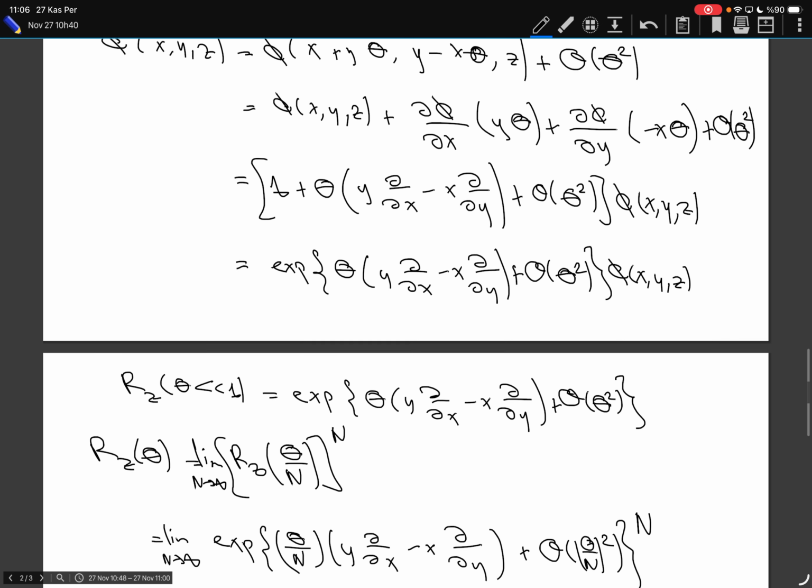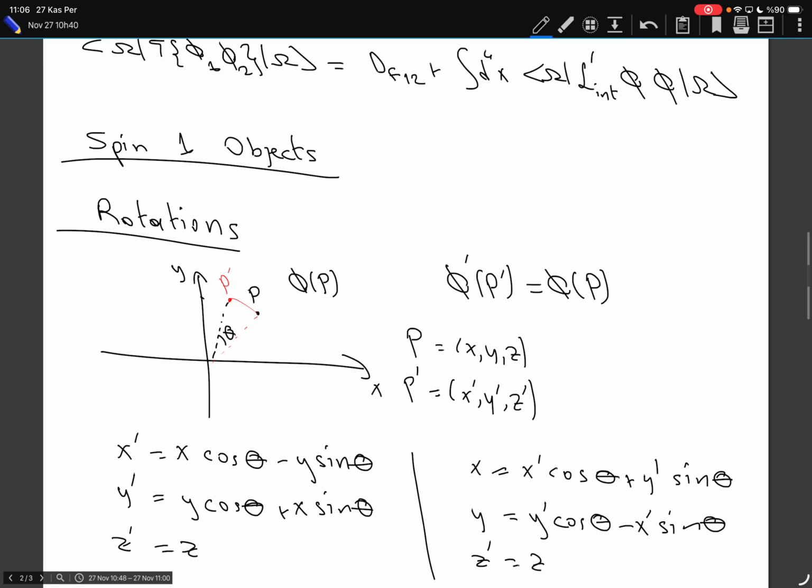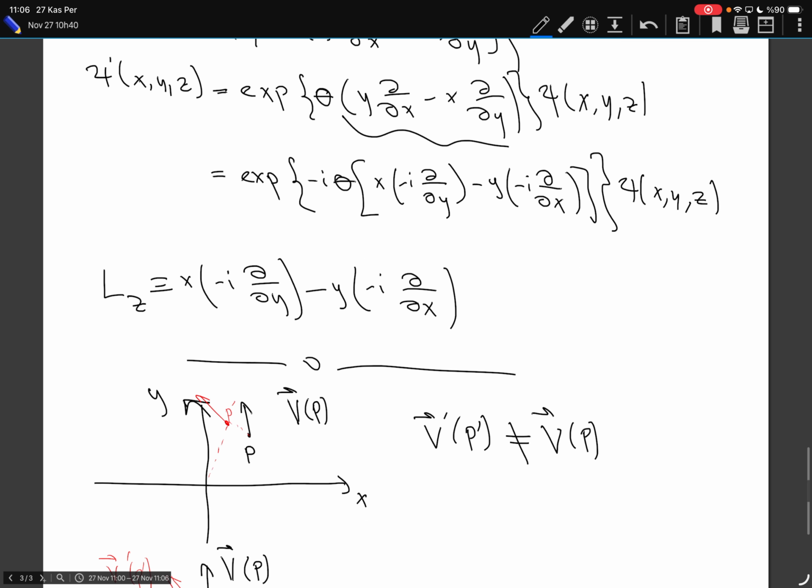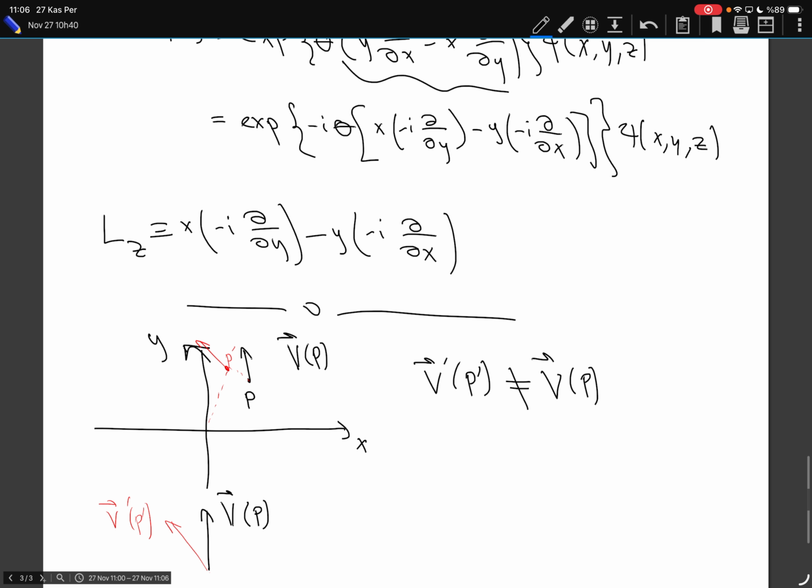Now compare it with this one. My new function at the point P prime was actually equal to the previous function at the point P. But now I don't have that equality. Basically because V prime of P will be equal to V of P, but I also have to rotate the vector.